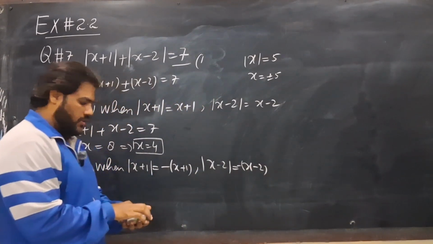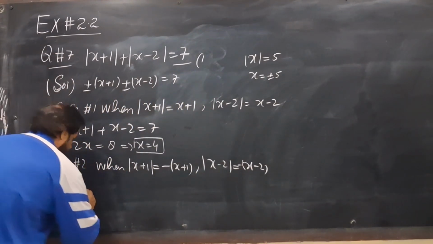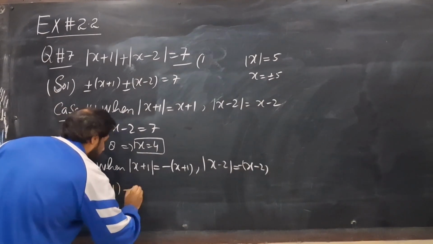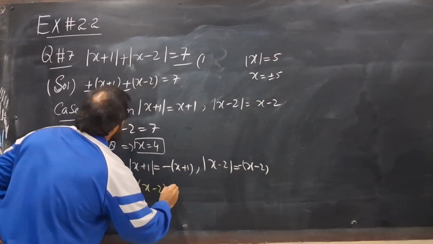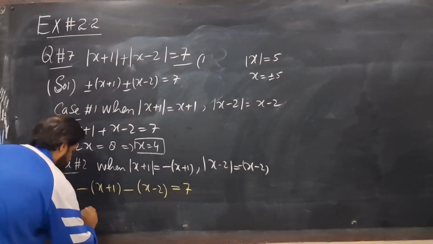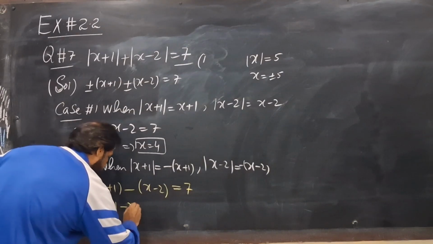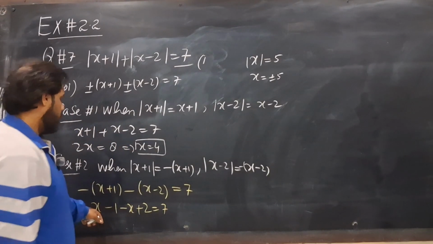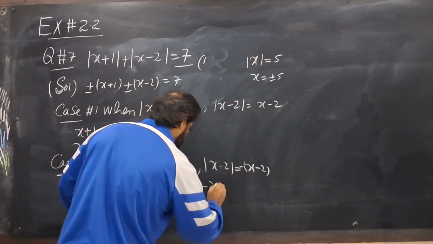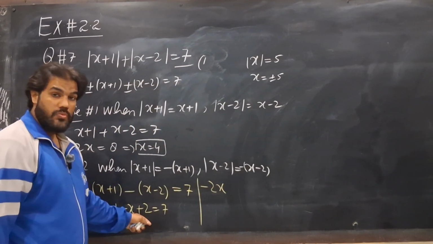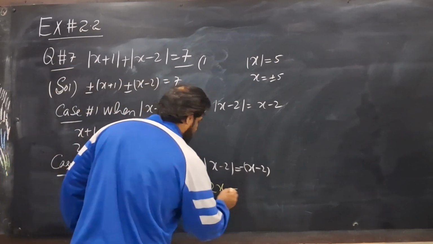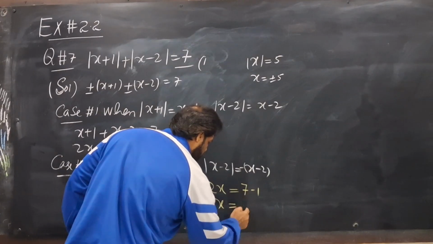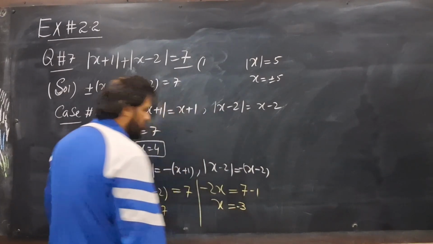So in this case, the given equation becomes minus x plus 1 minus x plus 1... minus x minus 2 is equal to 7, and this gives minus x minus 1 minus x plus 2 equal to 7. This is equal to minus 2x minus 1 plus 2, this is plus 1, and this is equal to 7 minus 1, and x is equal to 6 over minus 2, that is minus 3. So this is the second solution.